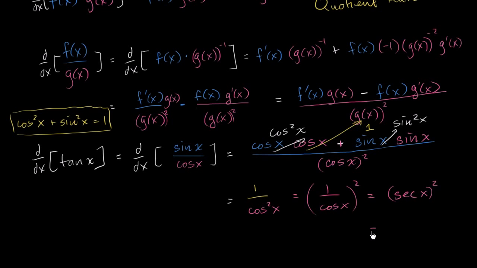Secant of x squared, or we could write it like this, secant squared of x. And so that's where it comes from. If you know that the derivative of sine of x is cosine of x, and the derivative of cosine of x is negative sine of x, we can use the quotient rule, which once again comes straight out of the product rule, to find that the derivative of tangent x is secant squared of x.